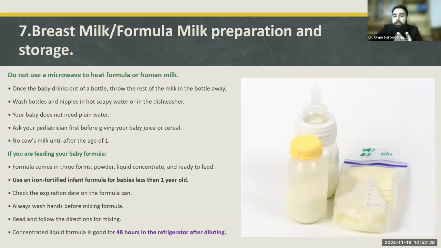For example, they are not being given dates, red kidney beans, red meat products, or any kind of iron rich diets, for example carrots, apples, etc.